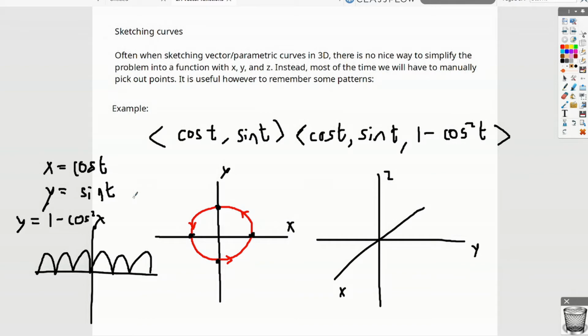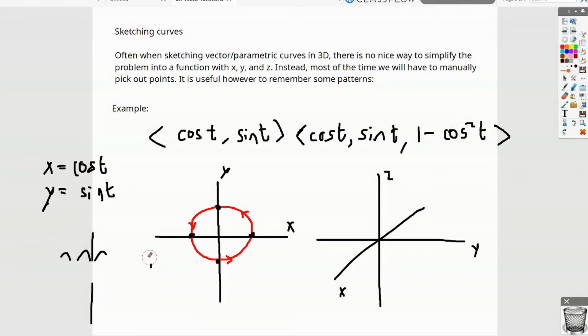And this is actually the same thing as sine squared t. So you're actually going to get this exact same graph wrapped around the z-axis. It's a little bit hard to visualize, and the easier way to visualize it would be just to plot points.